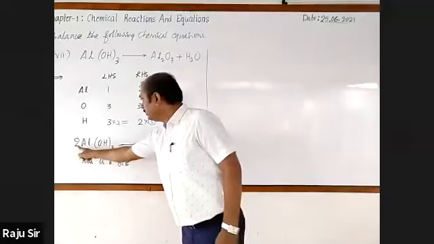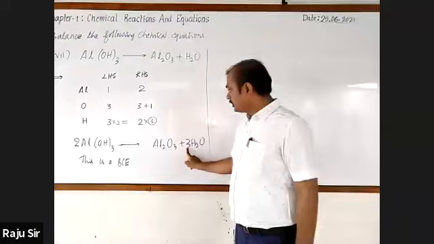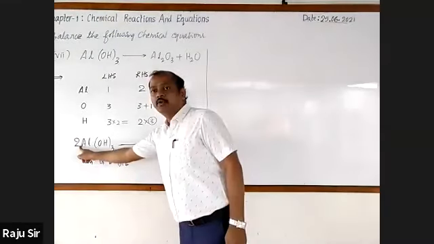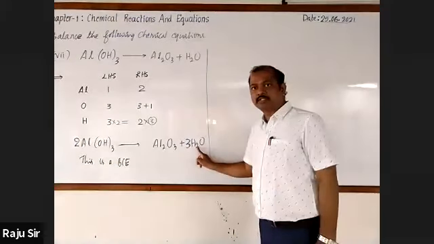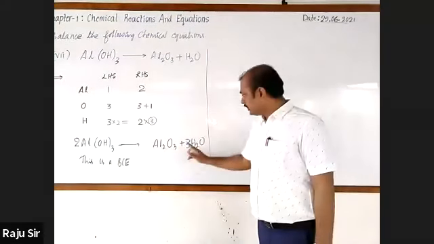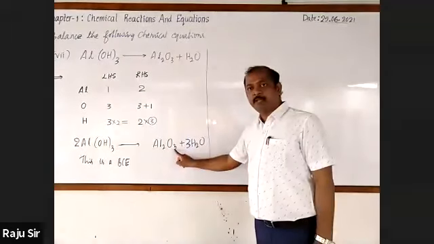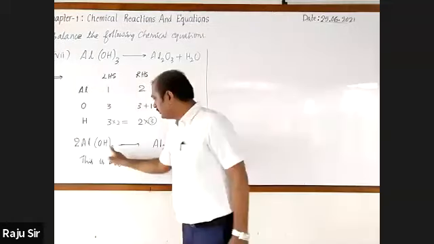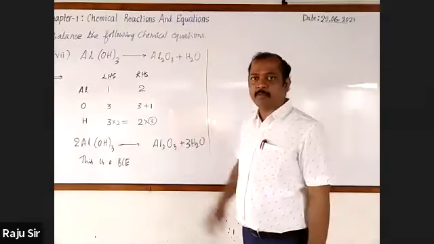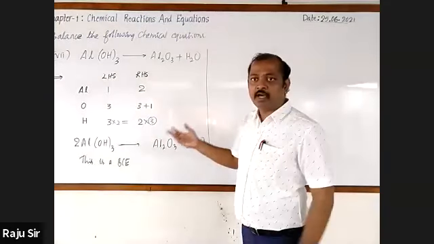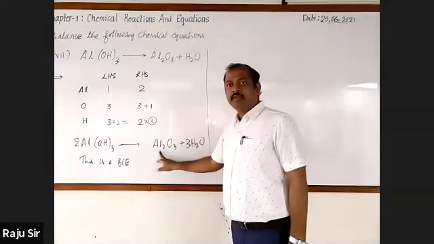Observe the number of hydrogen atoms: 3 ones are 3, 3 twos are 6. Here, 3 twos are 6. Hydrogen is balanced. Next, you go for taking oxygen. Oxygen, 3 ones are 3, here 3, 3 plus 3, 6. Oxygen here, 3 twos are 6. Oxygen is balanced. And the left element is aluminum. Aluminum has 2 atoms, and on the right hand side it has 2 atoms.